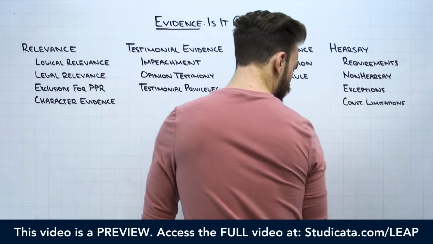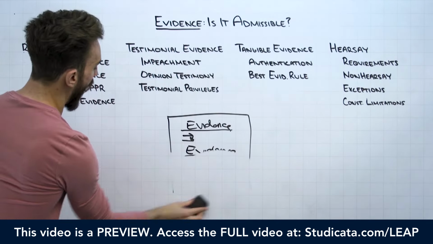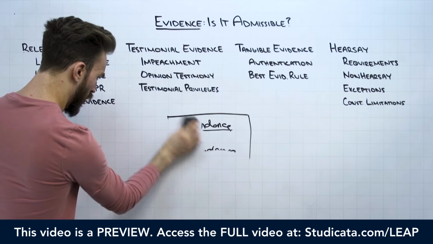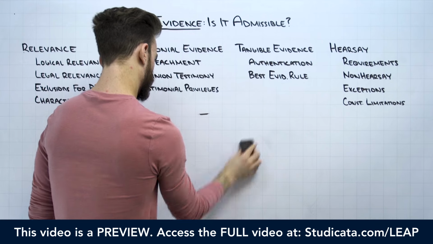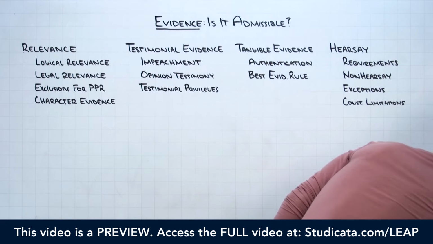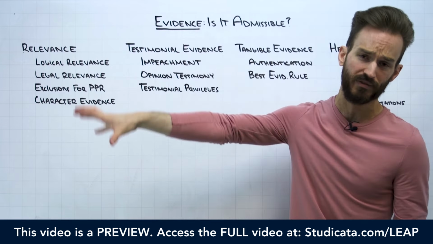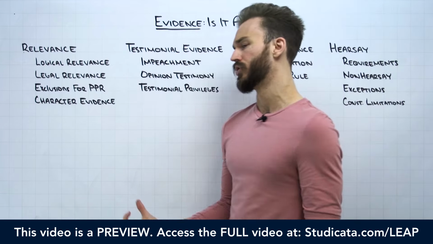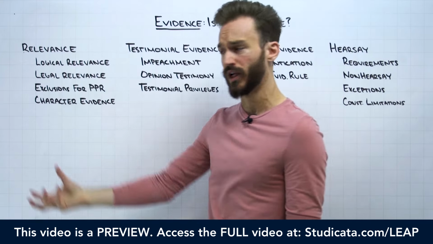So from a procedure standpoint, what's going to happen when we have a trial? The parties are going to come to court and they're going to present evidence, or at least the party who is filing the action. In a criminal case, this would be the prosecution charging a criminal defendant with a crime. In the civil context, this would be a plaintiff suing a defendant alleging a claim.